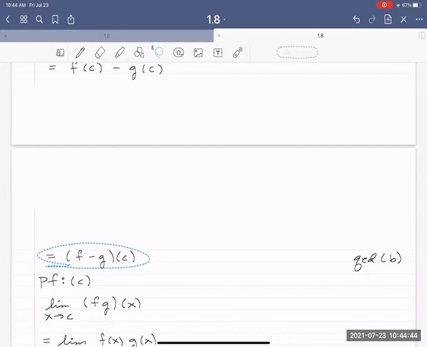So each of these are just easy consequences of that big, huge theorem from section 1.7.